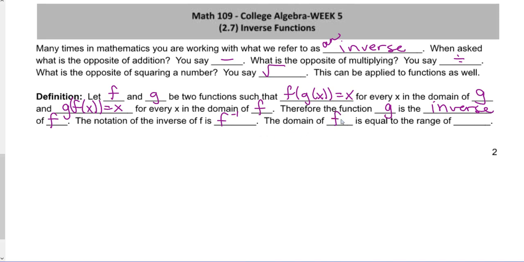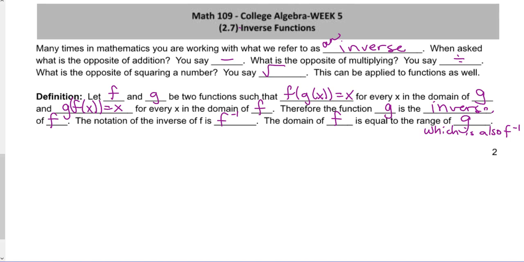Now, the domain of f is equal to the range of g, which is also f inverse, okay?